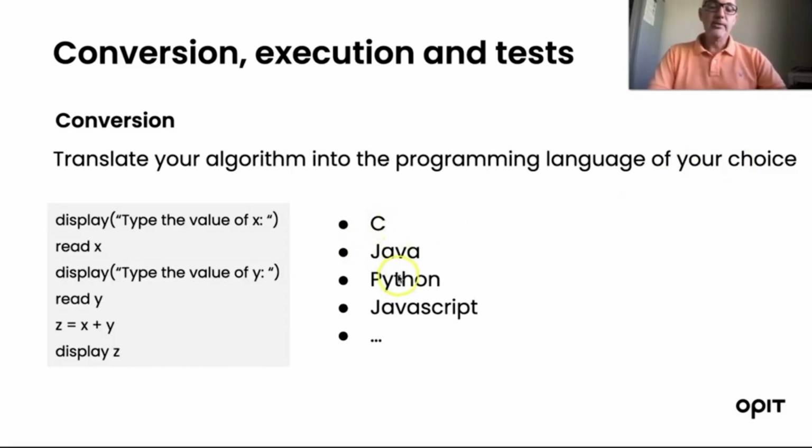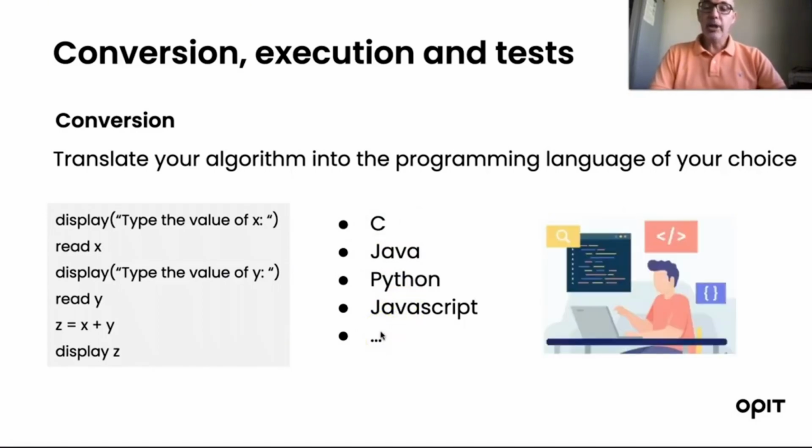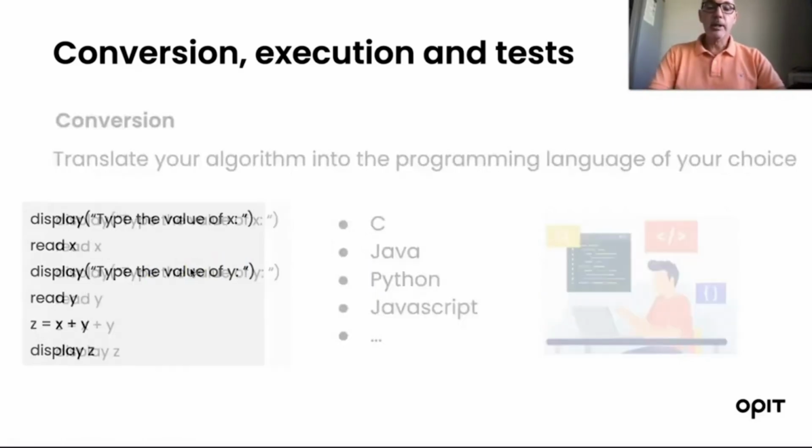You also have Java, Python, JavaScript, and many other programming languages. What does it mean now? You can switch on your computer and start coding, because you analyzed the problem, you decomposed it from the general to the different small steps. You are ready to convert it to your programming language.